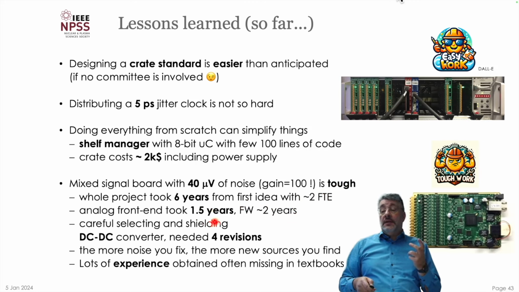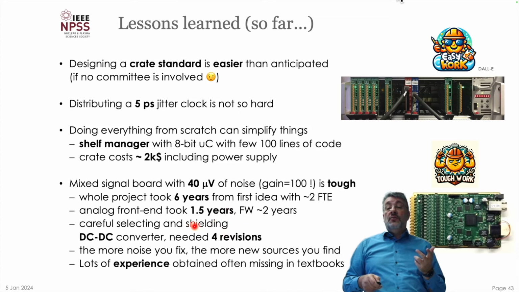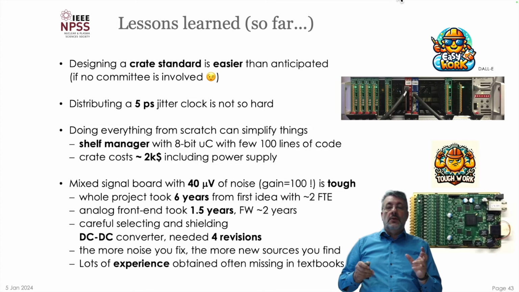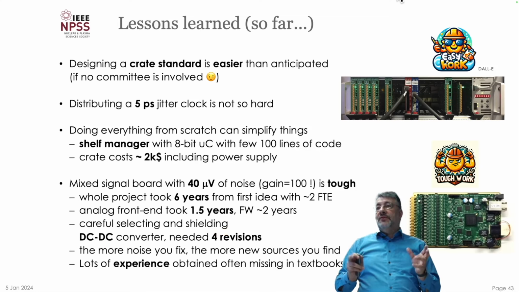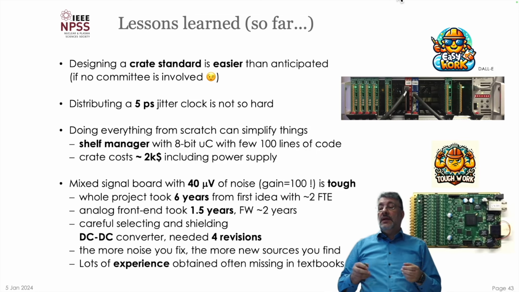The analog front end with this switchable up to gain 100 stage alone took 1.5 years to find the right parts, to do the layout correctly so that the crosstalk and the noise is as low as possible. Also the DC-DC converter needed 4 revisions to find the right device which has the lowest EMI, as I showed you previously.